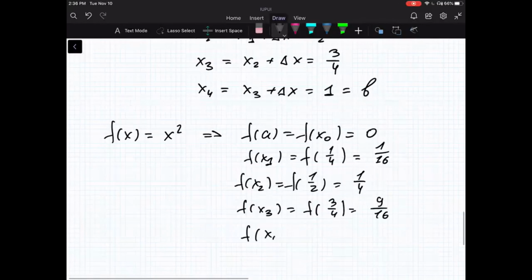And the last point, which is the same as f of b, which is f of 1, will be just 1.